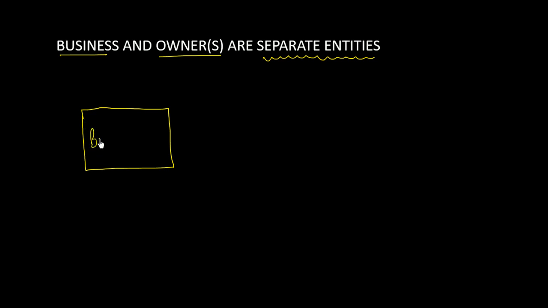In entity concept, it is said that the business and the owner or owners of business are separate entities. By that we mean that suppose this is a business. Let me draw a business for you. This is a business, and say this person is the owner of the business.